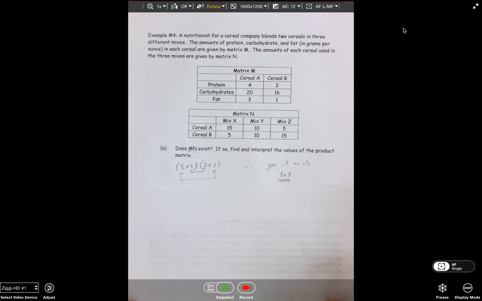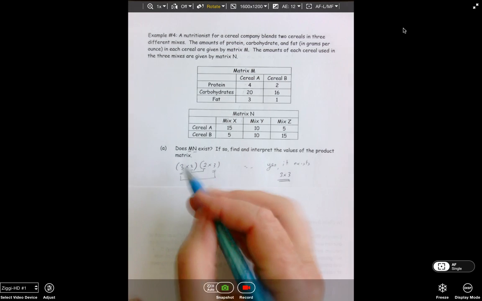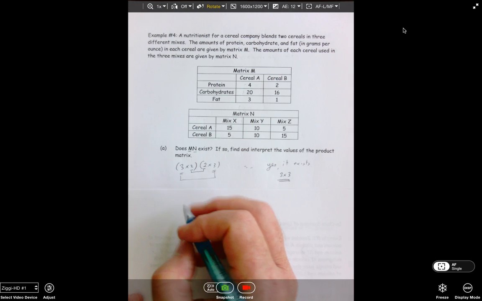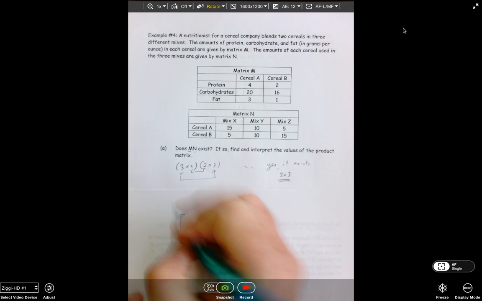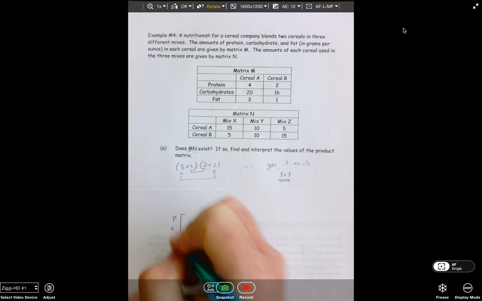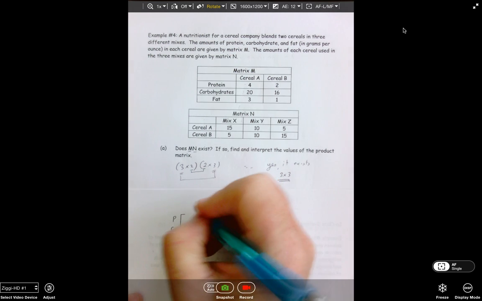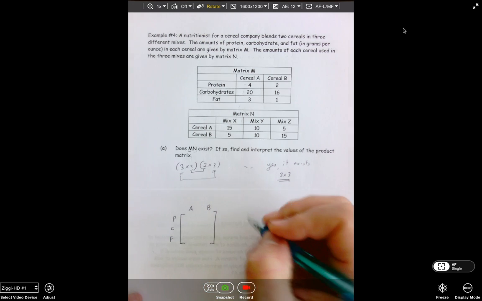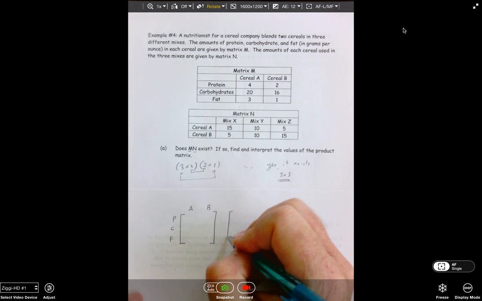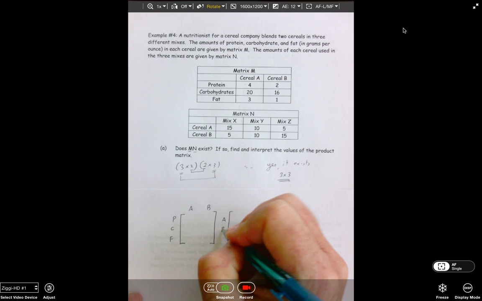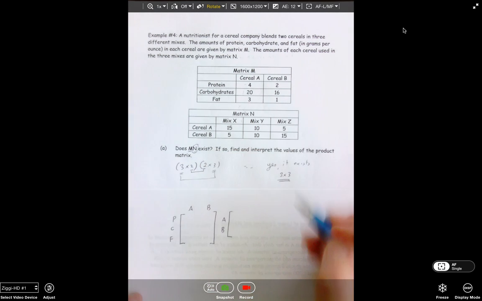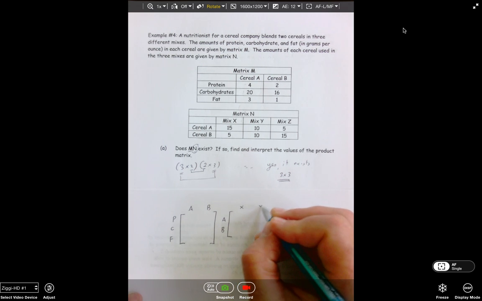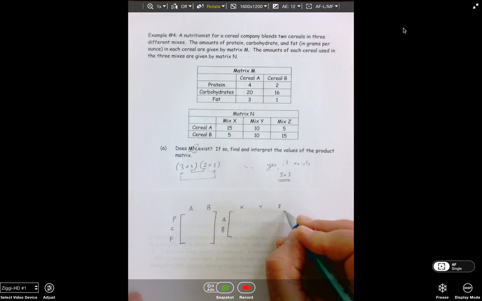Now, right here, we see that MN does exist. But when I take M, I have proteins, carbs, and fat, and I have cereal A and cereal B. When I take this matrix, I have cereal A, B, but I have mix X, mix Y, and mix Z that come from these.